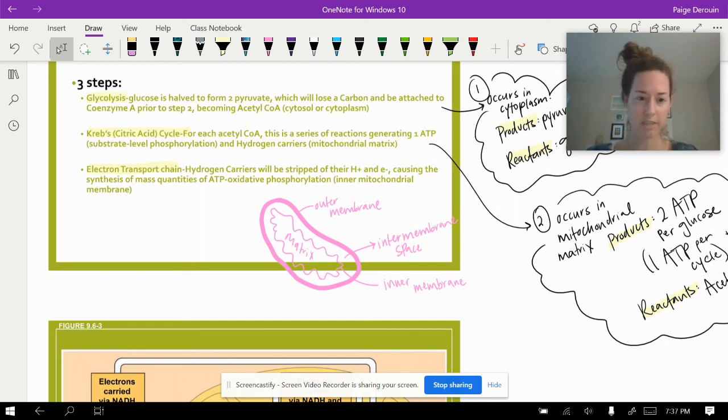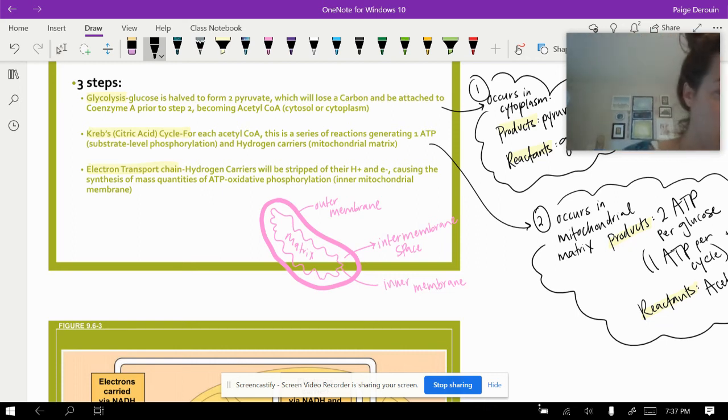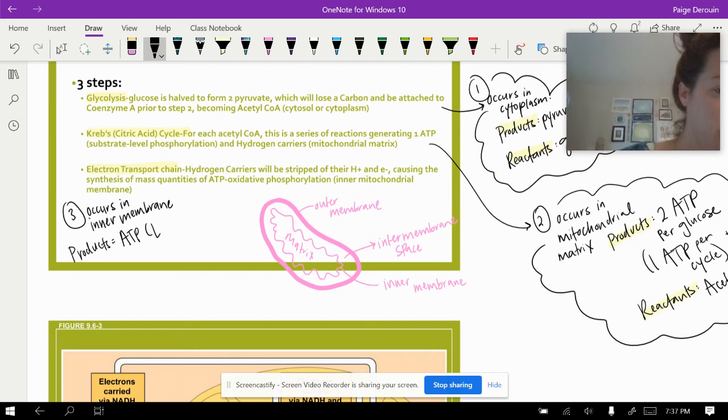So if I'm going to summarize this, in the same way on my slide, the products are ATP, I'll just say lots, and also water.